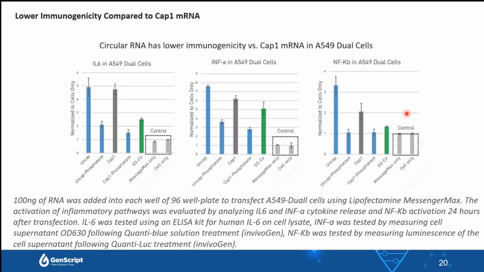And the last advantage is the lower immunogenicity compared to Cap1 mRNA. So here's the circular RNA in A549 cells, and we tested the cytokines expression.